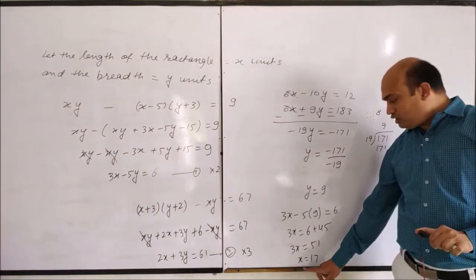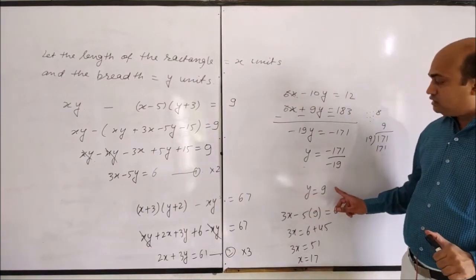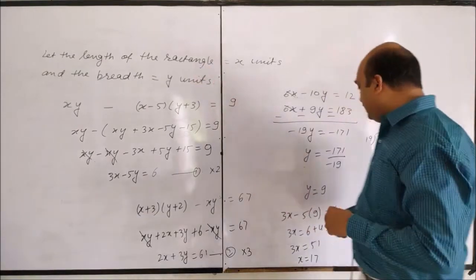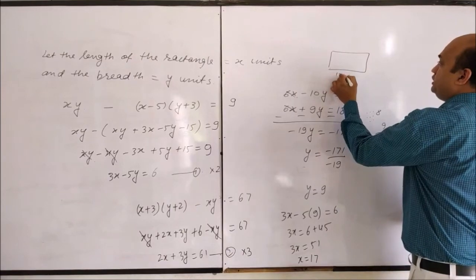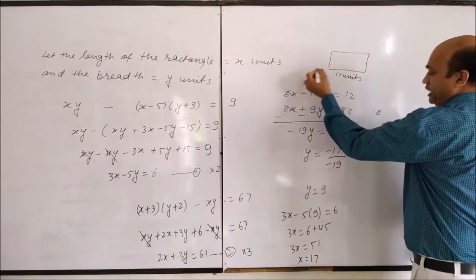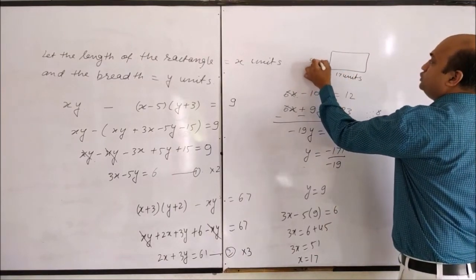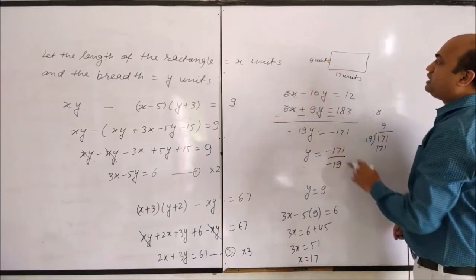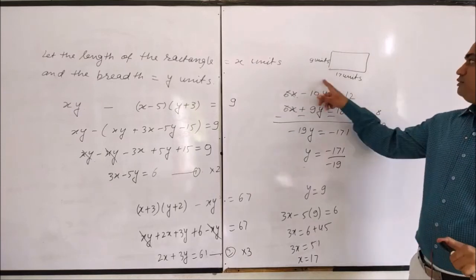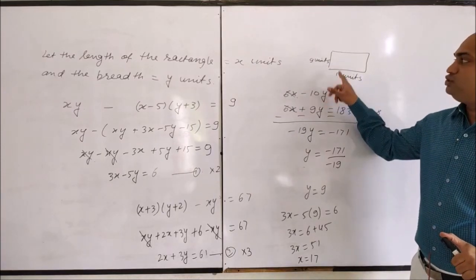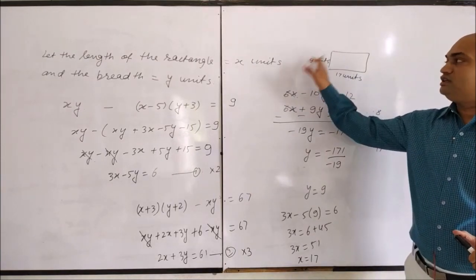So the value of x is 17 and y is 9. That is, the length of the rectangle is 17 units and the breadth is 9 units. At last we can write, therefore the length of the rectangle is equal to 17 units and the breadth 9 units.